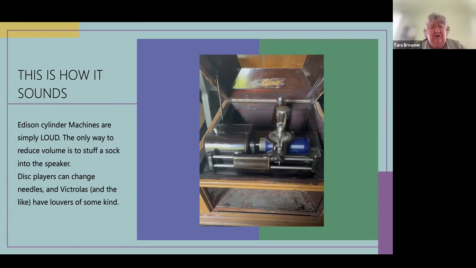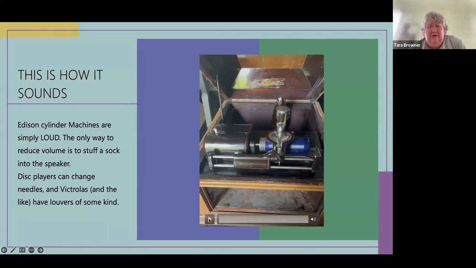But with disc players, you can do much more with volume. You can change needles, and Victrolas, anything that's an Ola, like my Graphenola with an internal speaker, has a way to work with the sound. They have louvers on them that you can open and close. So you can make it less loud, but Edison players, they're just loud.